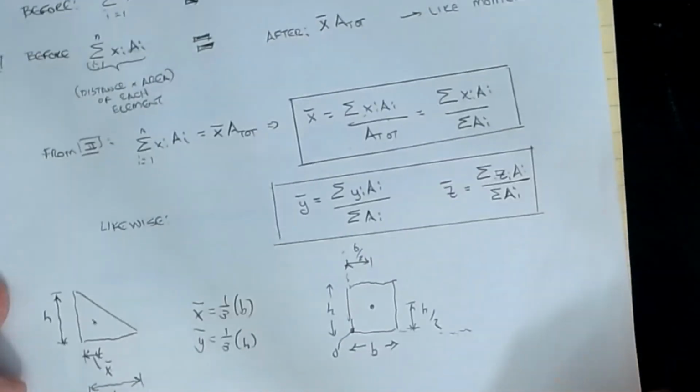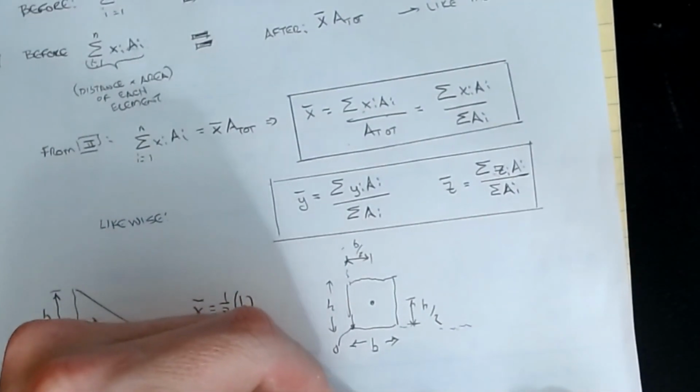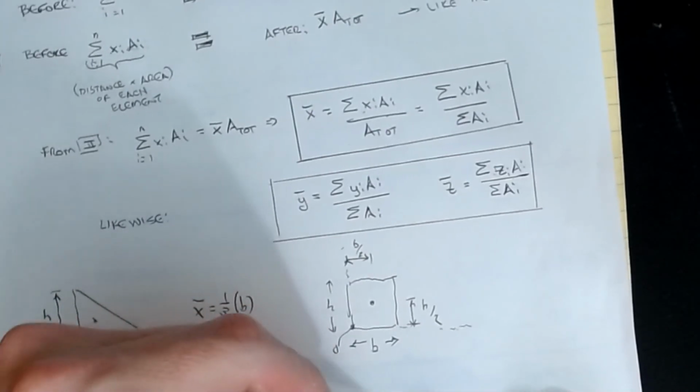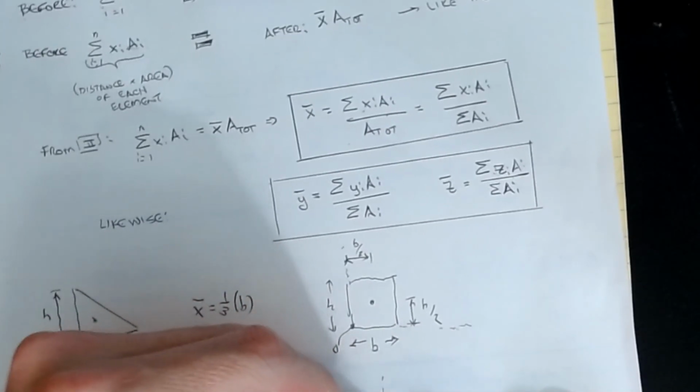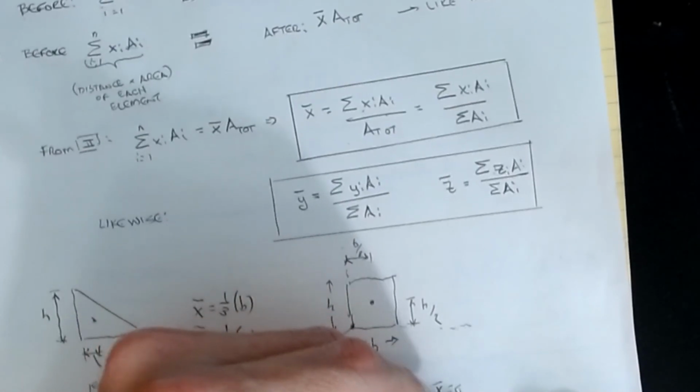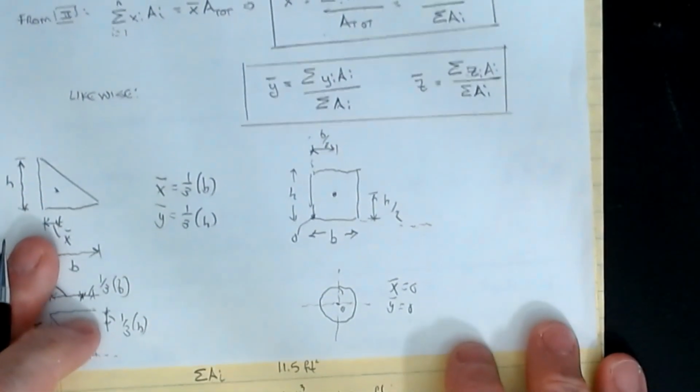Circle is exactly the same. Often with a circle, we set the reference in the middle. So here, x bar is 0, y bar is 0 for a circular value.